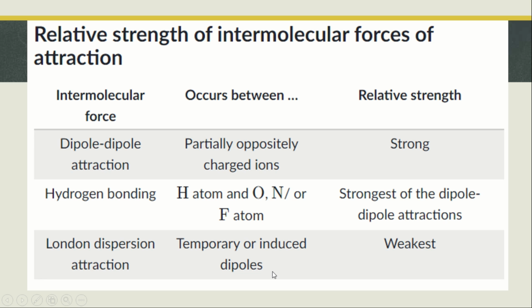So, pag nawala na yung ka-interacting na molecule niya, the nonpolar molecules will go back to their normal state. Okay, mawawala yung temporary dipole because again, it's just temporary. That is why it's the weakest among all the intermolecular forces of attraction.